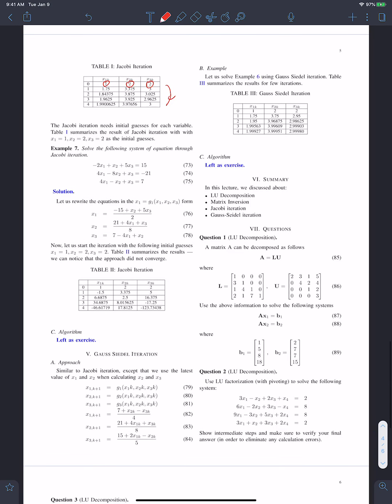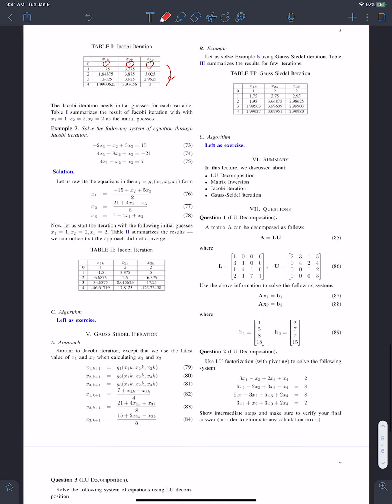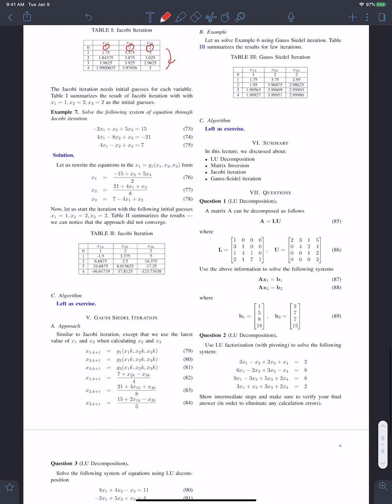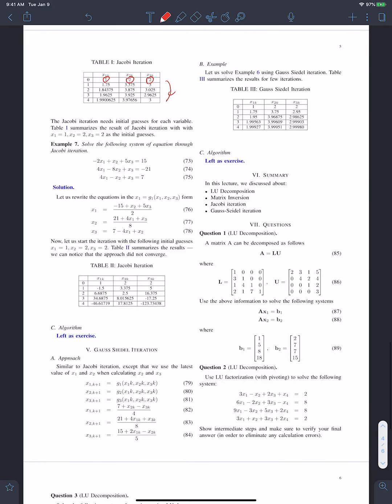And then there's another iteration called Gauss-Seidel iteration. It is very similar to the Jacobi iteration for x1, x2, x3. The only change is that we use the latest values of x1, x2, x3 whenever we go to the next iteration.